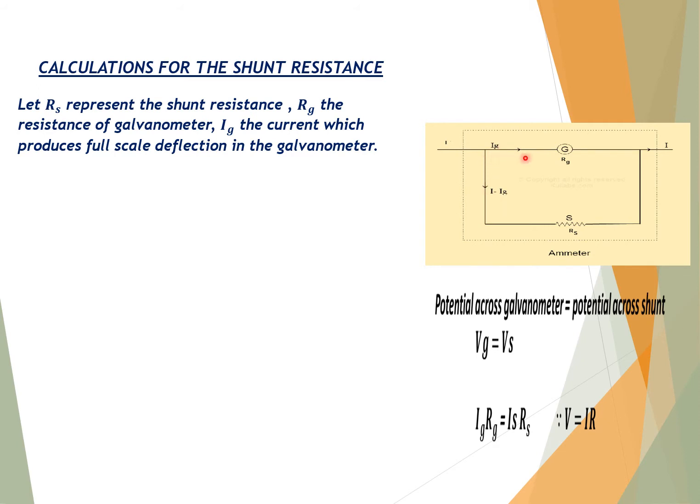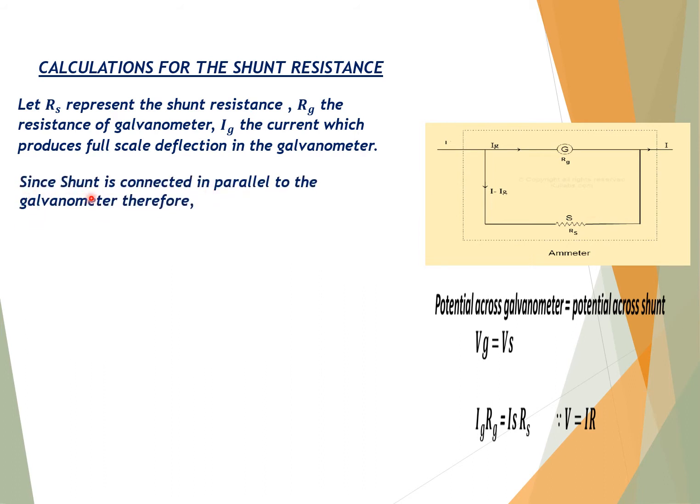Ig is the current that is passing through the galvanometer, and the remaining current, I minus Ig, will pass through the shunt resistance.